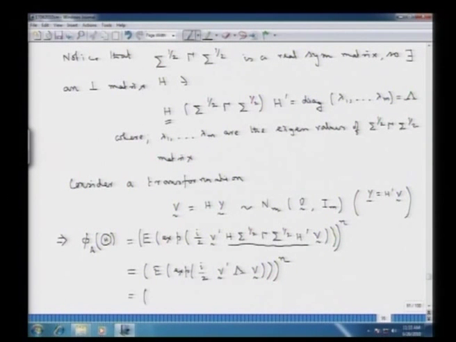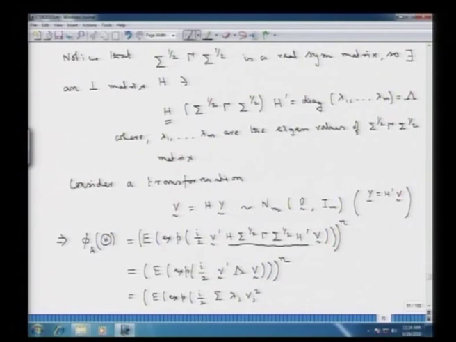So, what would that be equal to? This would be equal to I by 2. Now, V is that particular m dimensional vector. Now, this capital lambda is this diagonal matrix which is holding the eigenvalues lambda 1, lambda 2, lambda m. So, this is just going to be equal to summation lambda j V j square terms.